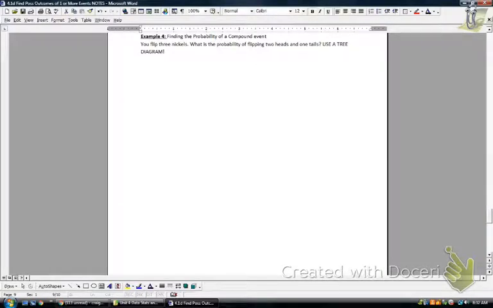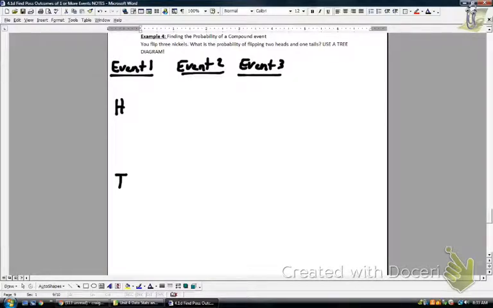Example 4 says find the probability of a compound event. You flip 3 nickels. What is the probability of flipping 2 heads and 1 tails? Use a tree diagram. Okay, so I've gone ahead and set this up for a tree diagram. We have event 1. I'm going to flip a nickel, and when I flip a nickel I can get either heads or tails.